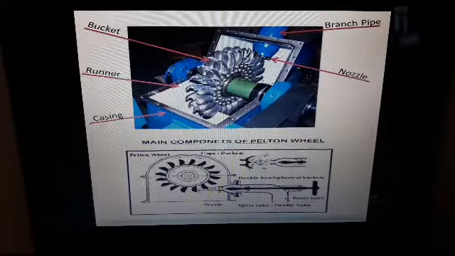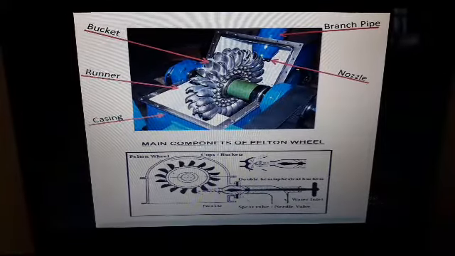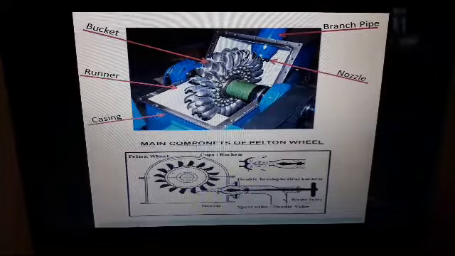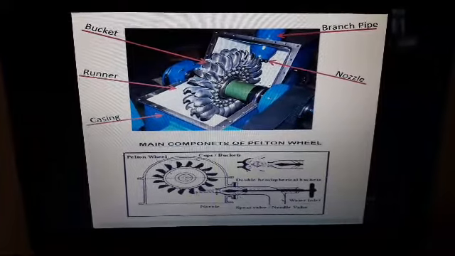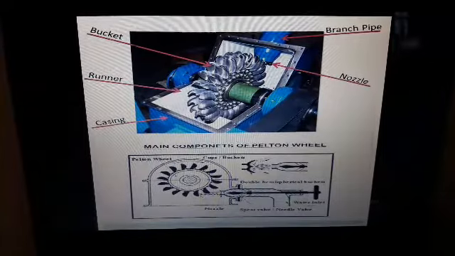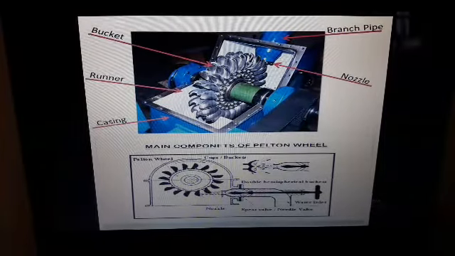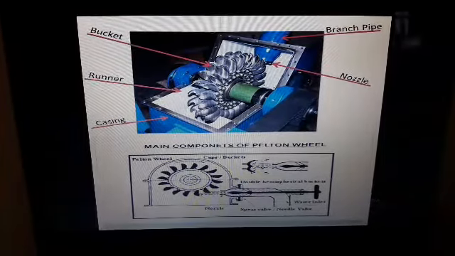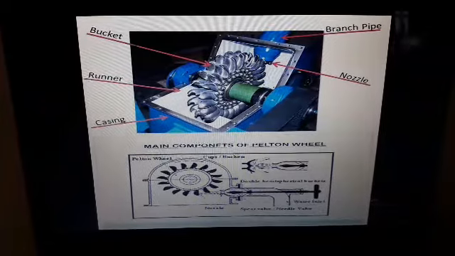This force rotates the rotor of the turbine, and the shaft of the turbine is coupled to the shaft of the electric generator. So the rotating shaft of the turbine rotates the electric generator, and electricity is produced in the electric generator.